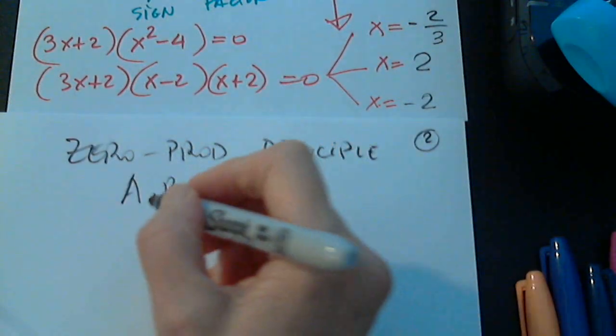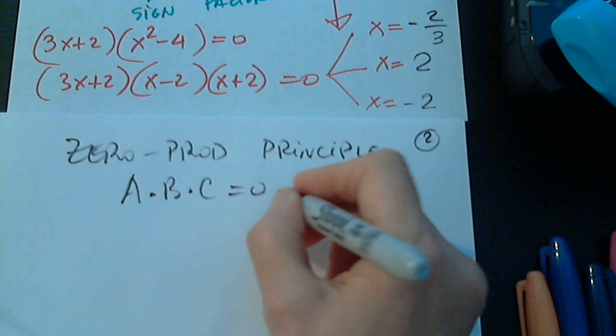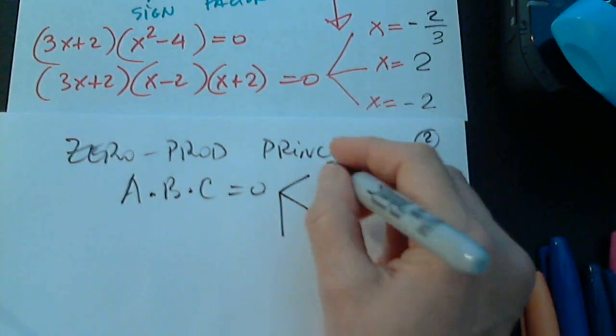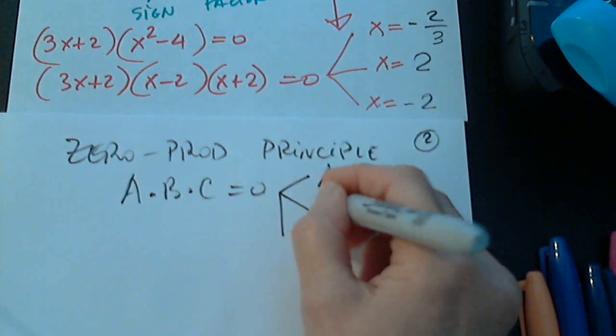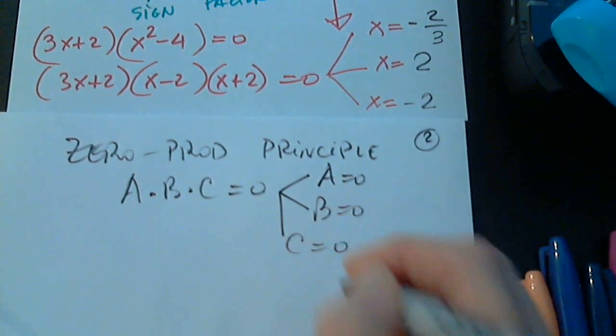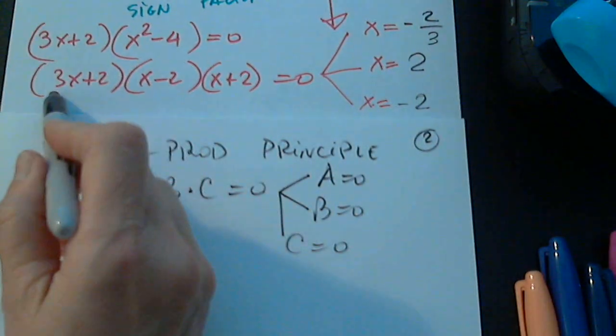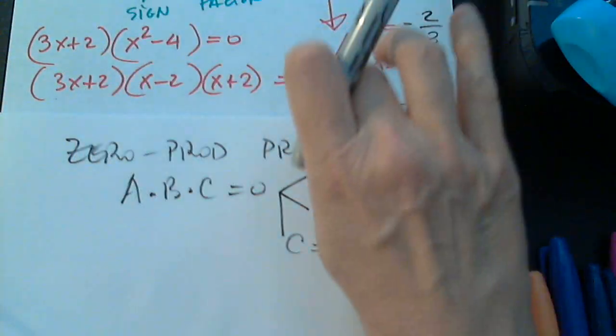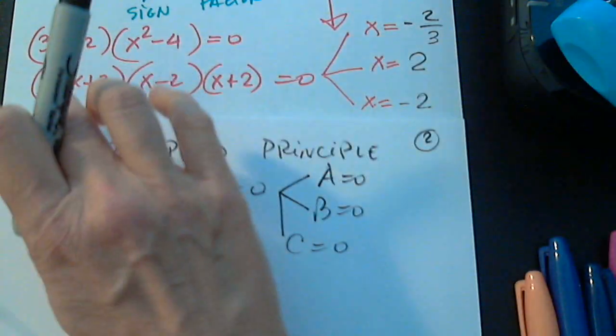If we have a product of 3 factors and the product is set equal to 0, then the first factor can be 0, the second factor can be 0, or the third factor can be 0. When you set this equal to 0, you move 2 to the other side, it becomes negative, and you divide by 3.